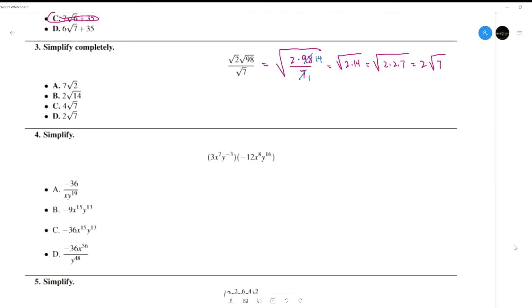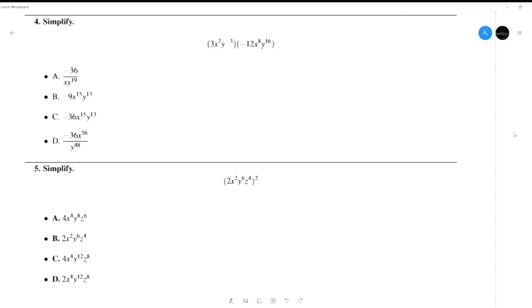All right, I want you to try numbers 4 and 5 on your own. See if you remember. We have parentheses, but no exponent outside of the parentheses for both, right? So this is just a product rule of exponents. So that means I can do 3 times negative 12, and then x to the 7th times x to the 8th, y to the negative 3rd times y to the 16th.